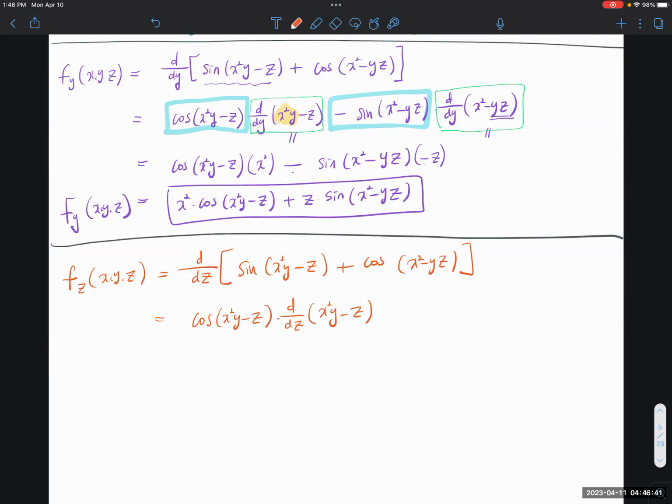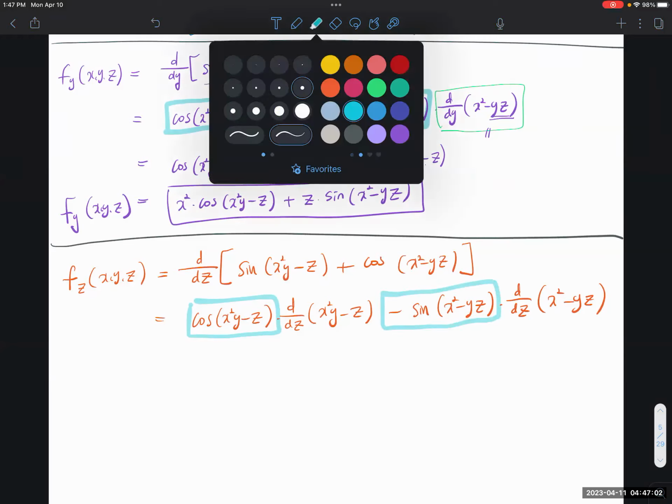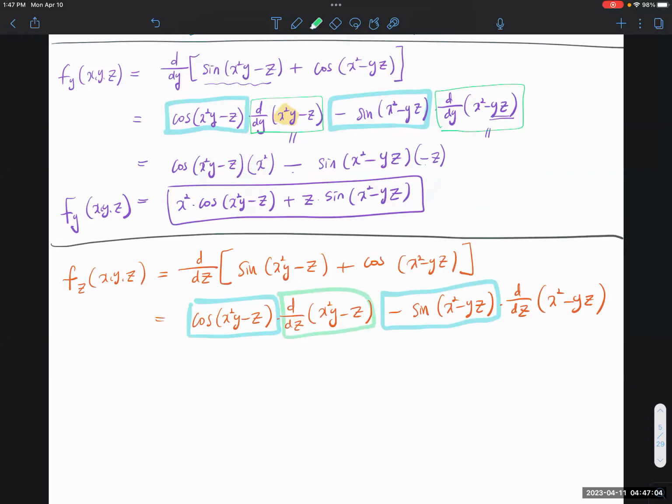Again, x and y are constant this time. Minus sine x sec y minus yz, d over dz of x sec y minus yz. So now you see the better structure, what we are doing outside. We took the differentiation inside.